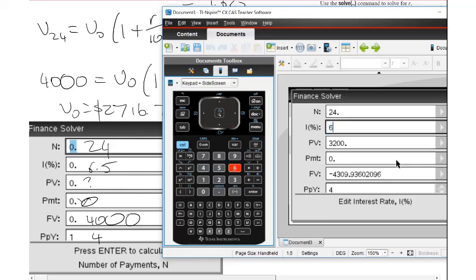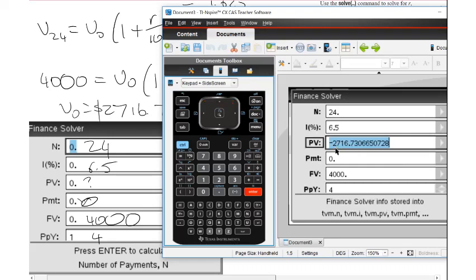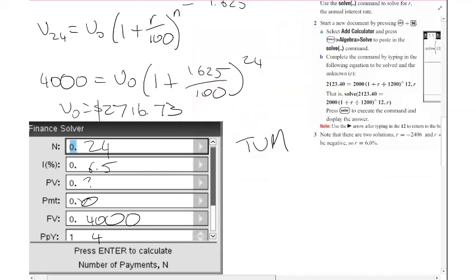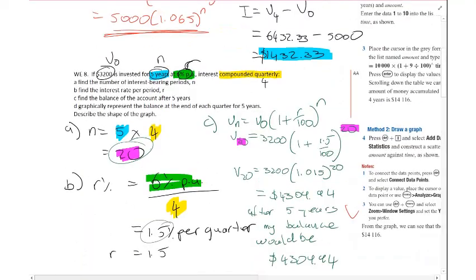That was 6.5. That's what we're after. We don't change that. Final value is 4,000 with the same time periods there. I want to go up to, that's what I'm after. Now I press enter. And we said the number is 2716.73, same as what we've got there. So we can use either the TVM solver or the solve function to solve a question like that.